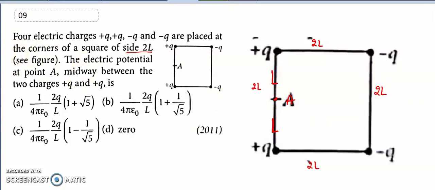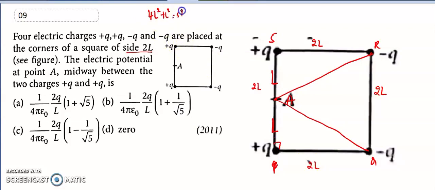So the potential due to P, Q, R and S: the potential at A due to P, Q, and the potential due to R. This is a right triangle. 2L square is 4L square, so 4L square plus L square is 5L square.